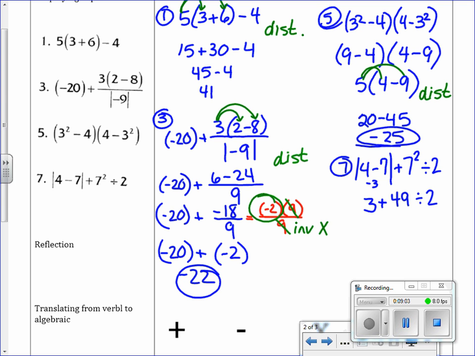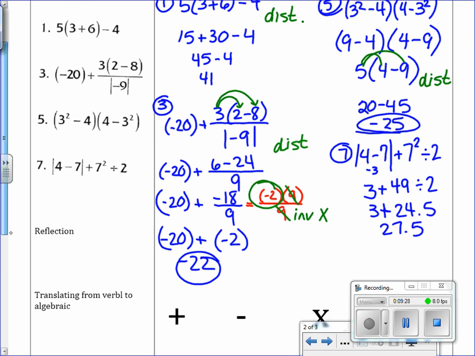Now I have to take care of my division. So 3 plus 24.5, there's a plus sign, and I end up with 27.5.